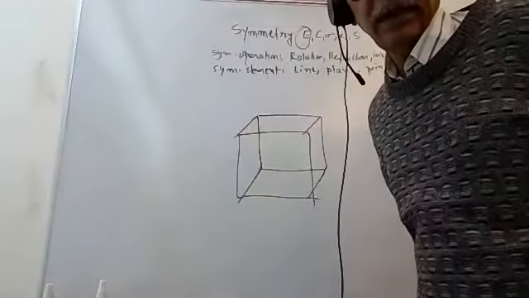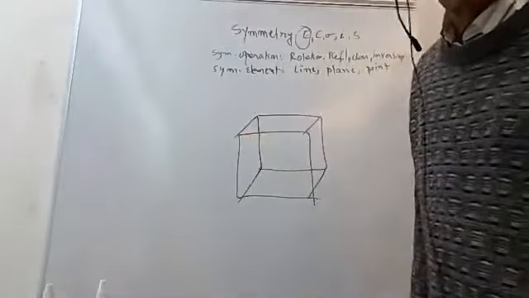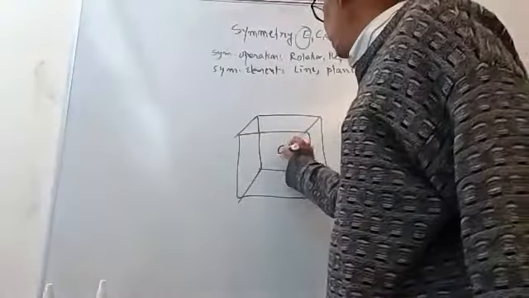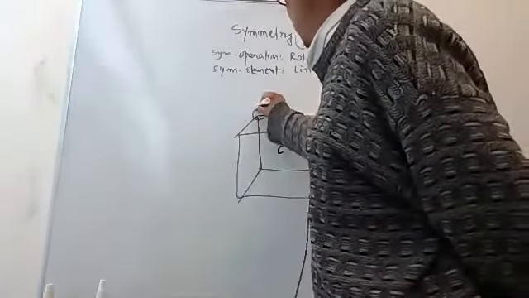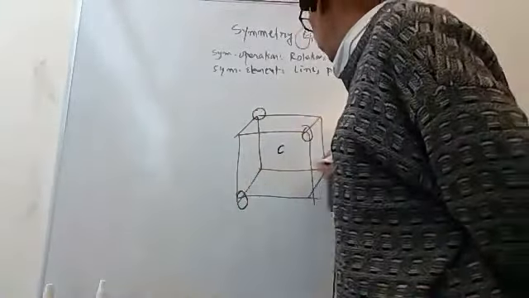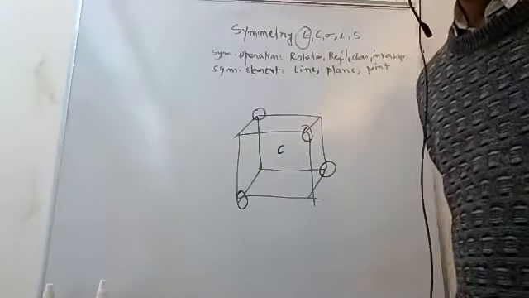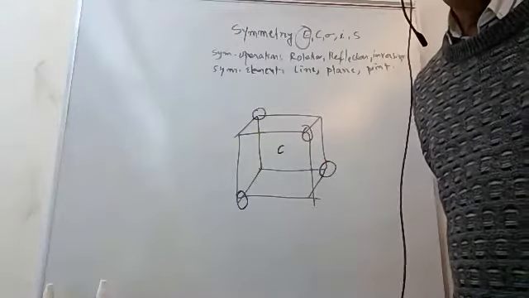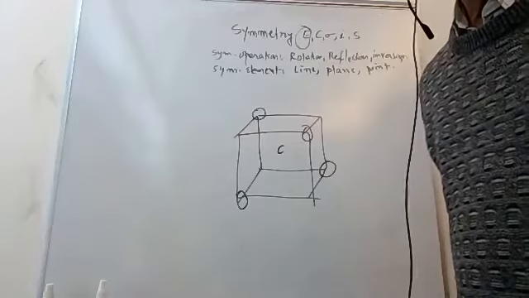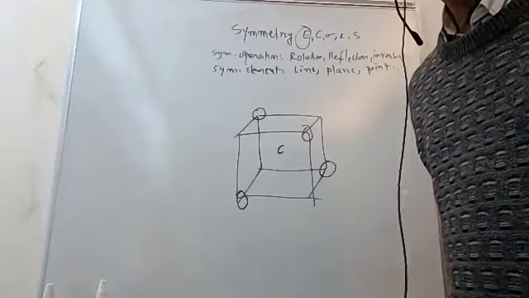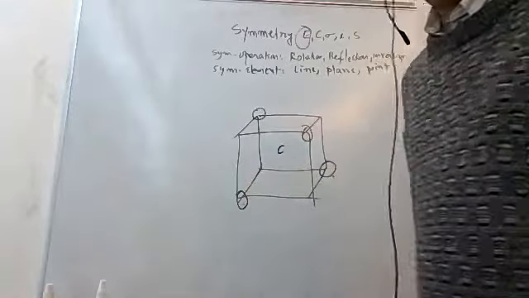That's a cube into which I'm inserting my methane molecule with the carbon in the middle of the cube. When I do that, I have 2 hydrogens here, 2 hydrogens there. So we can call the hydrogens 1, 2, 3, and 4.